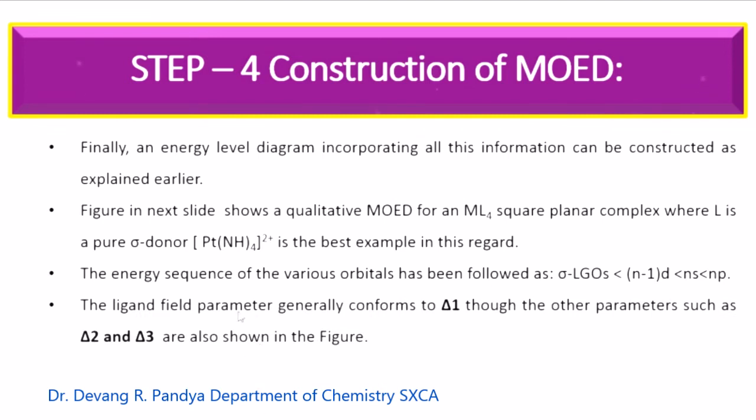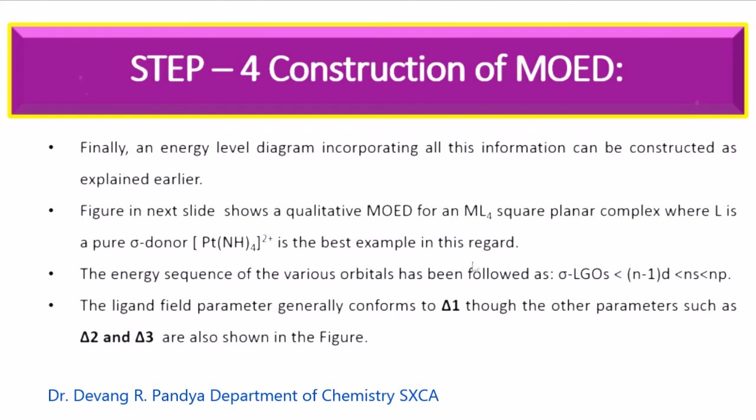The ligand field parameters conform to delta 1, though the other parameters such as delta 2 and delta 3 are also shown in the figure, as we know that the splitting in square planar is much higher compared to the splitting in octahedral and tetrahedral geometry.